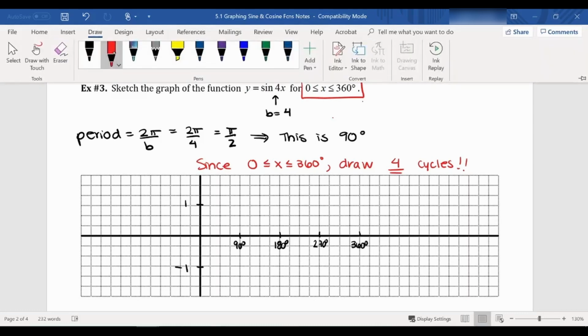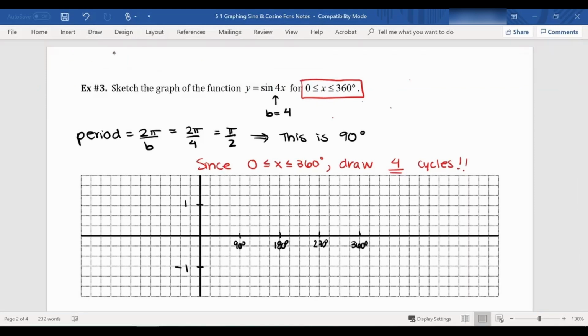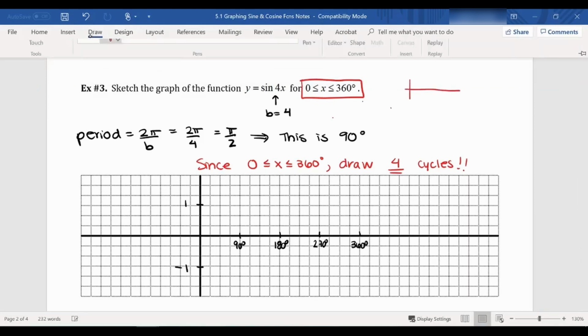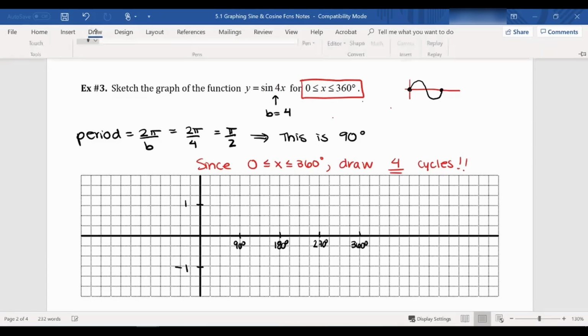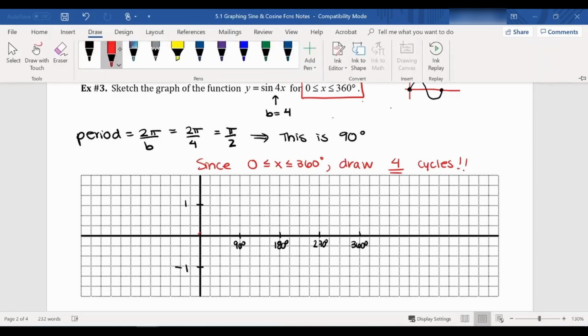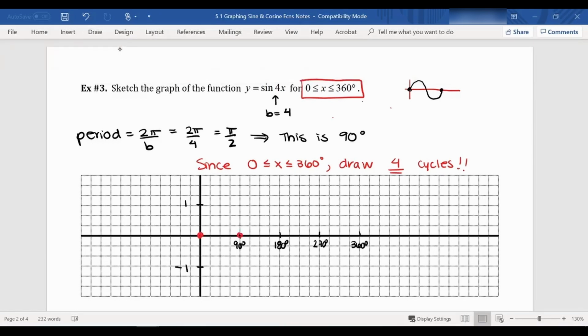So to draw one cycle, if it only takes 90 degrees, again, I know that sine starts at the middle point, goes up, down, and ends at that middle point. So to draw one cycle, I'm going to start at the middle point, end at 90. I know it crosses halfway, so after 2 boxes.